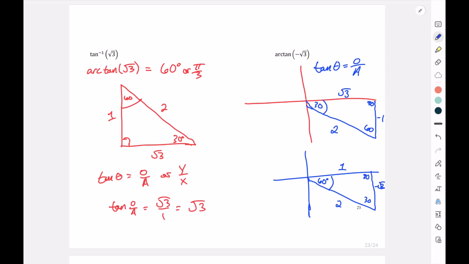If we look at our tangent of theta, or our y over x, and we want it to be negative square root 3, we would have to have a 60 degrees in order for our negative square root 3 to be negative. And so our answer would be negative pi over 6, or negative 60 degrees.